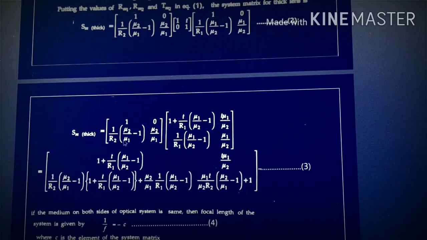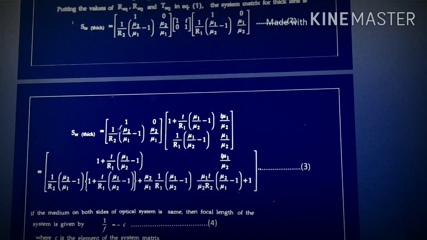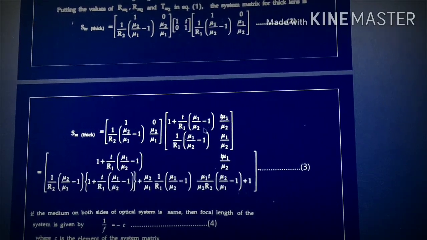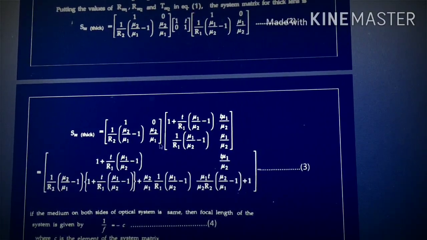Then the next one is second row first column. So 1 by r2 into mu2 by mu1 minus 1 into 1 plus t by r1 into mu1 by mu2 minus 1, plus mu2 by mu1 into 1 by r1 into mu1 by mu2 minus 1.